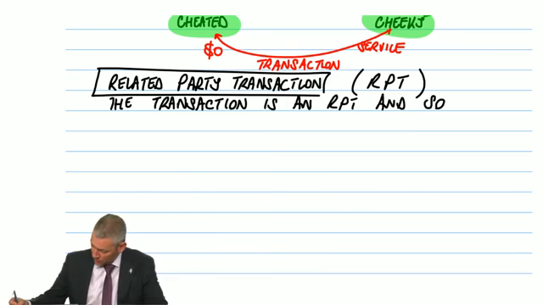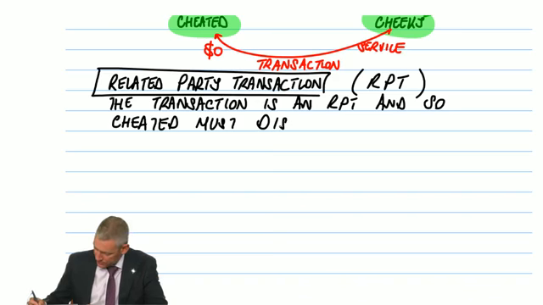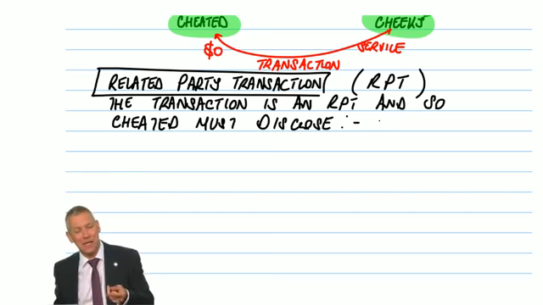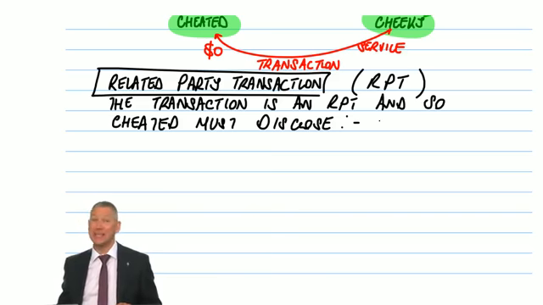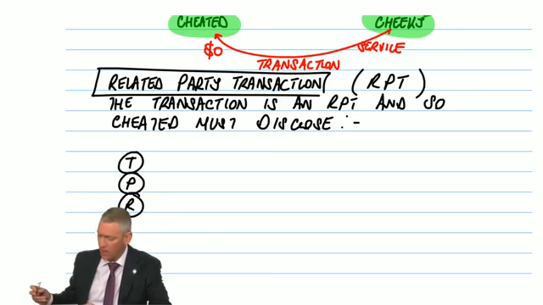And so, we're looking at this from cheated's point of view. Cheated must disclose. A useful way of remembering this is that when you have an RPT, you must disclose TPR. That's rather cute, isn't it? TPR.